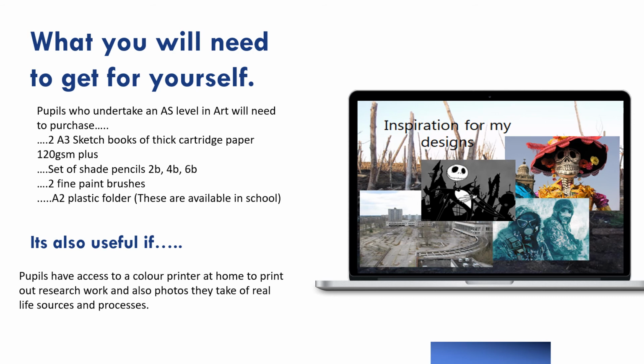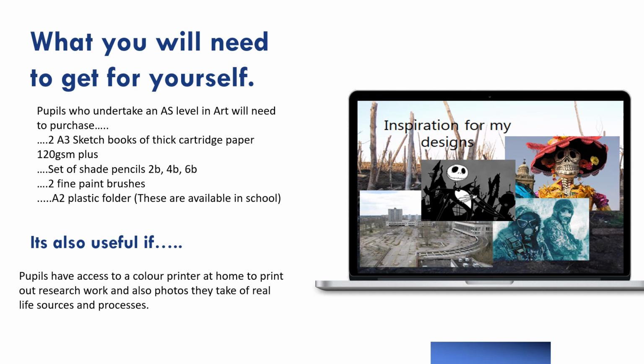It's also useful, I put at the bottom, for pupils to have access to a colour printer at home to print out research work and also photos they take of real life sources and processes, so they can go straight into the books, because collecting evidence of how your processes are going along and also collecting evidence of things from real life that you photograph and then sketch can get really big marks with the exam board.